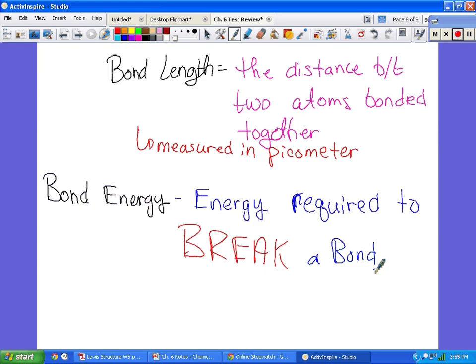How much energy is required, if I wanted to break those two things apart, how much energy I'd have to put in order to snap them apart? All right. Everybody good there?